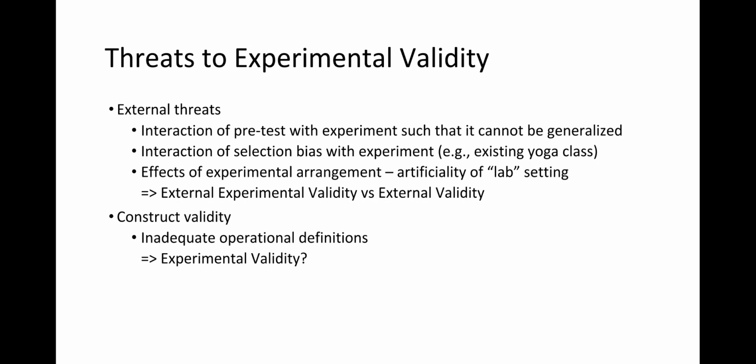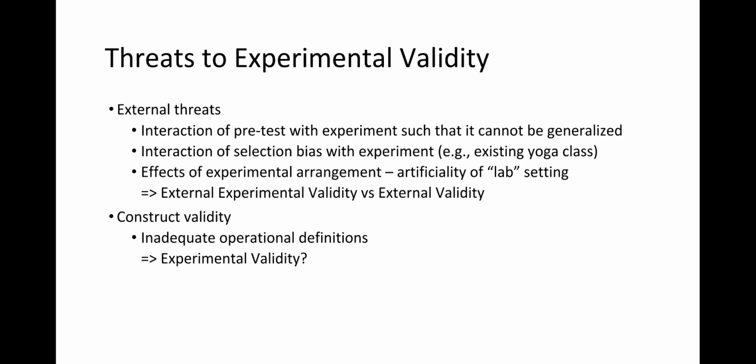Threats to experimental validity. Again, there are external threats and also construct validity. External threats are about whether the experiment is interacting with other variables, right?